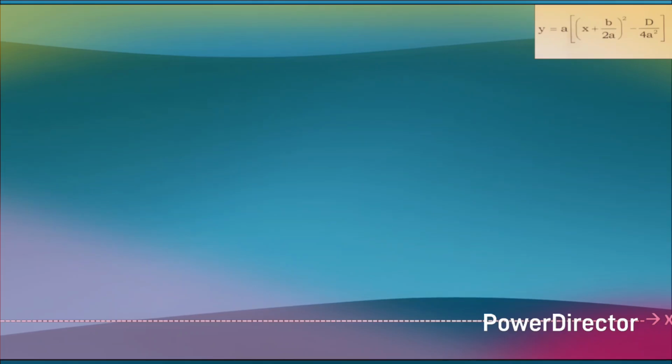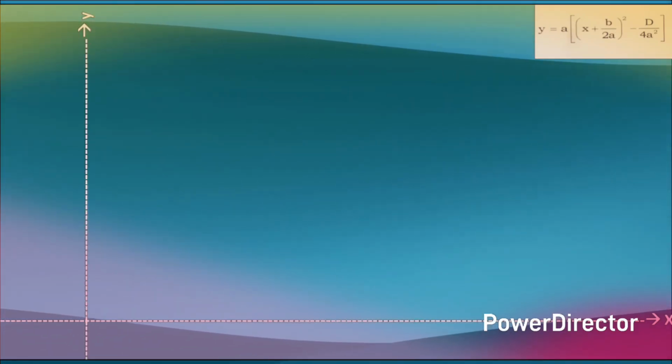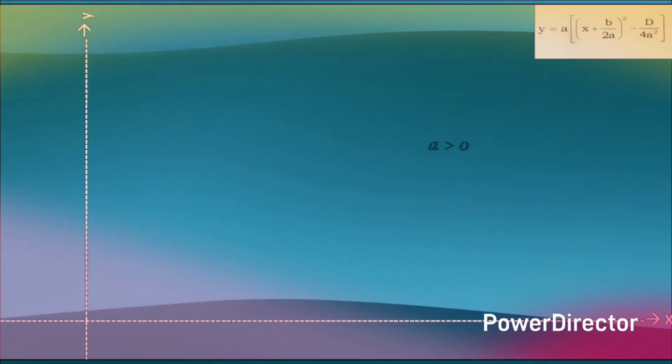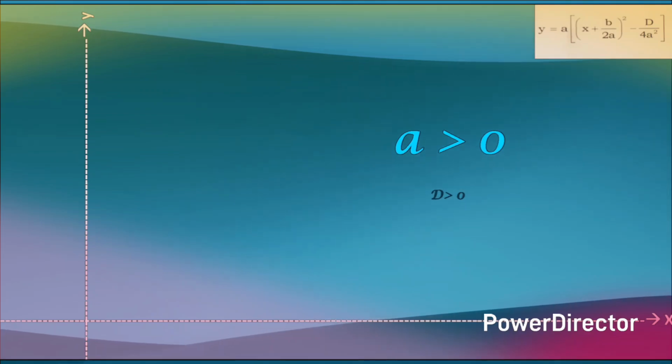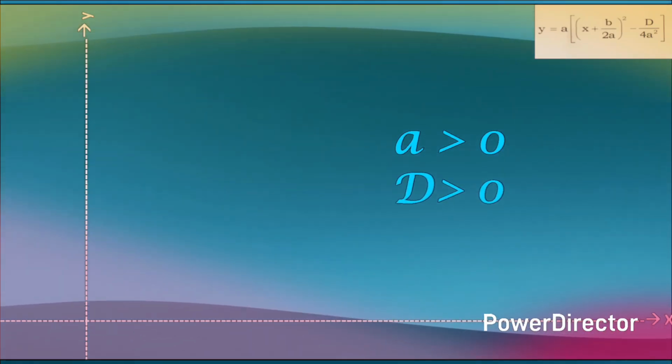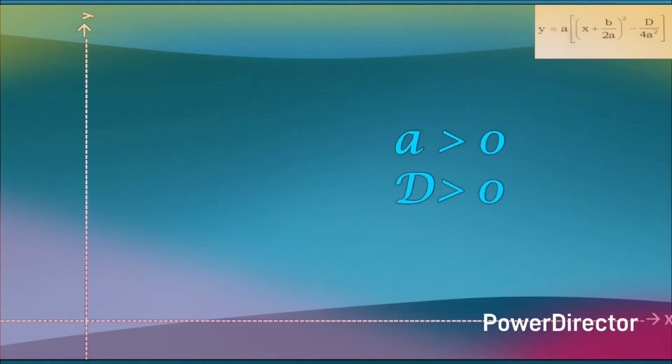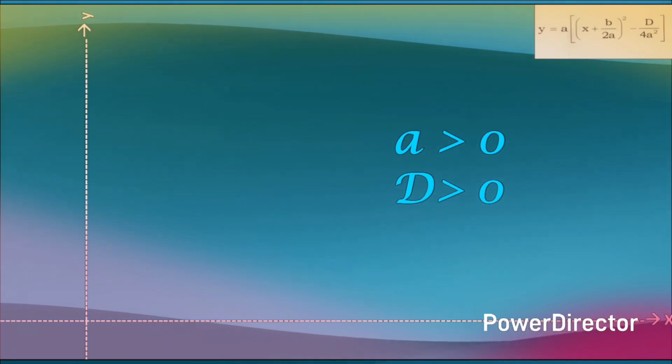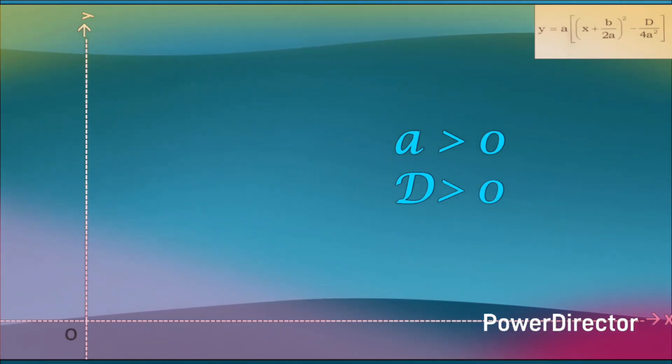In the third case, for the positive case, that is a greater than 0, we have discriminant greater than 0. Here be careful regarding the condition, because we need to be clear about the concept.